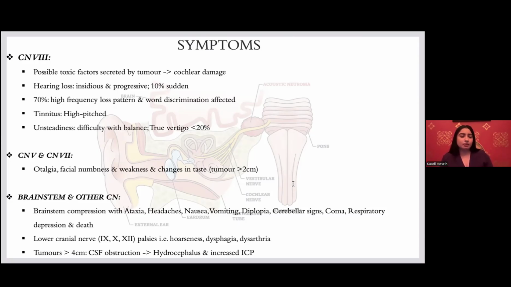In terms of trigeminal and facial nerve symptoms, these include otalgia, facial numbness and weakness, and taste changes due to the nervus intermedius impairment, as the tumor enlarges and compresses the fifth and seventh nerves.